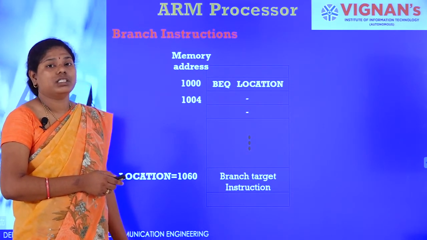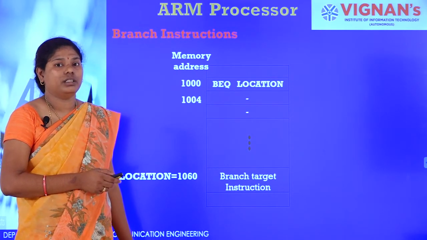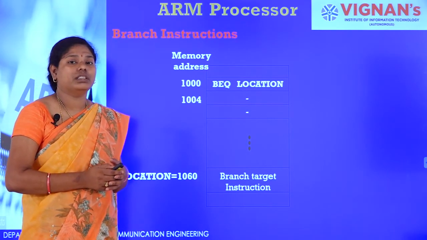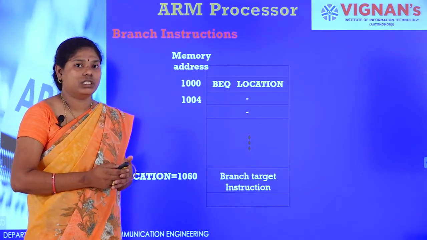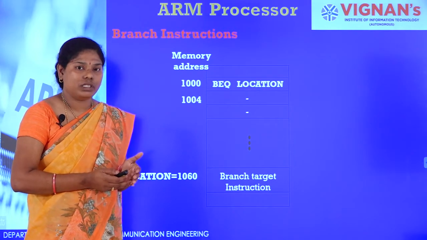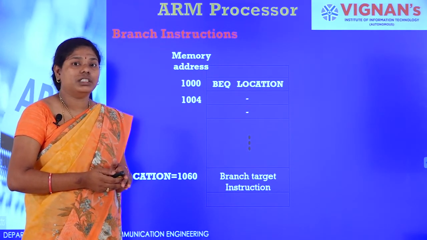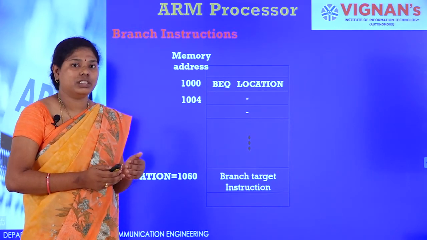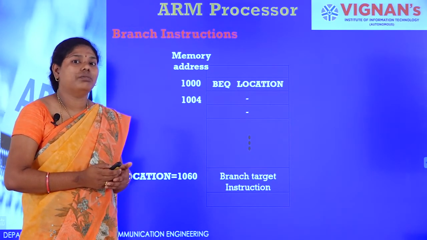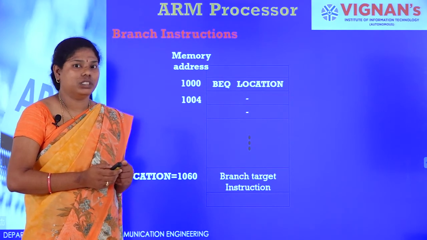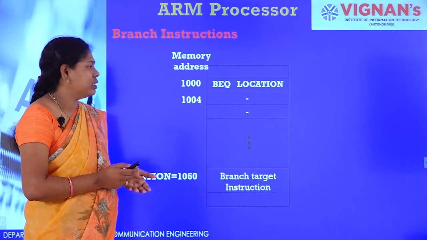Branch instruction is used if we want to repeat some group of instructions. We use branch, and it is conditional. If the condition is satisfied, then it branches to the corresponding location. It is similar to relative addressing mode.